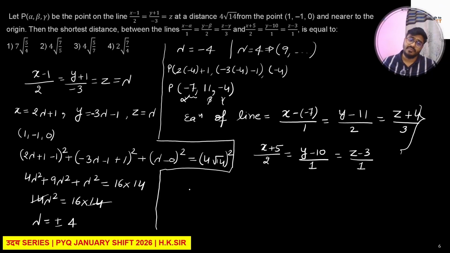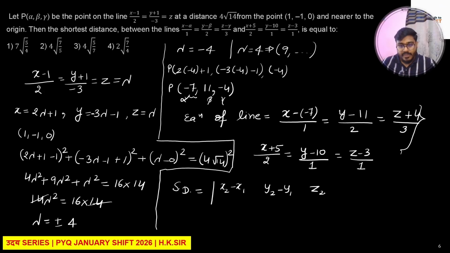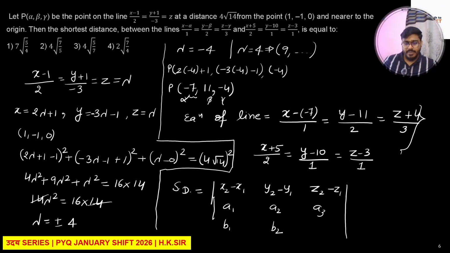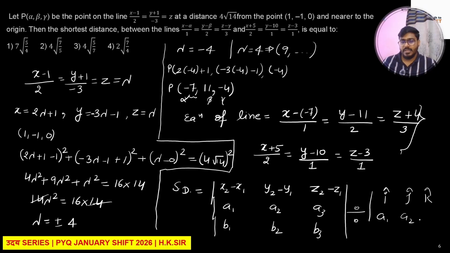If lines are in Cartesian form, what is the formula for the shortest distance? The distance between these two lines is the determinant with rows x2 minus x1, y2 minus y1, z2 minus z1; a1, a2, a3; b1, b2, b3, divided by the magnitude of the cross product with rows i cap, j cap, k cap; a1, a2, a3; b1, b2, b3.